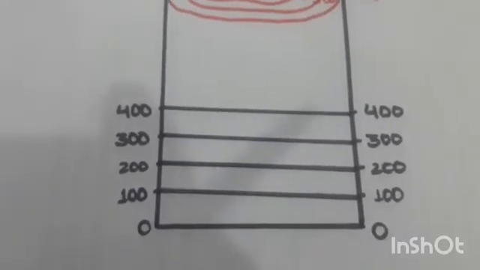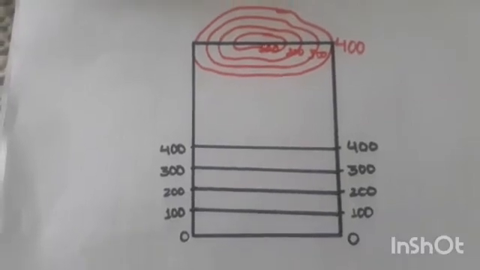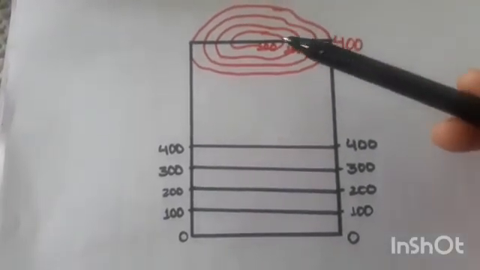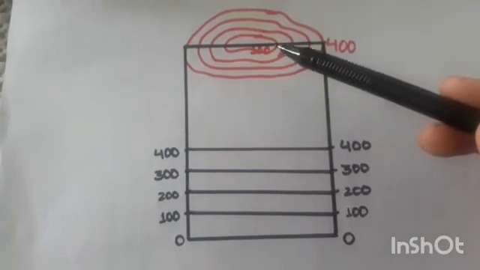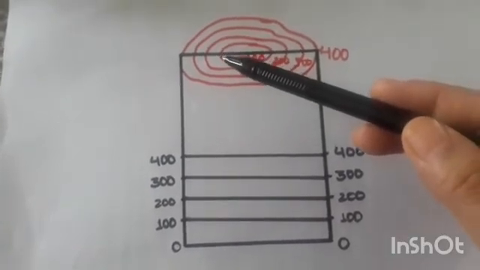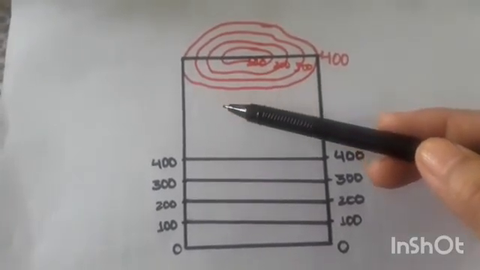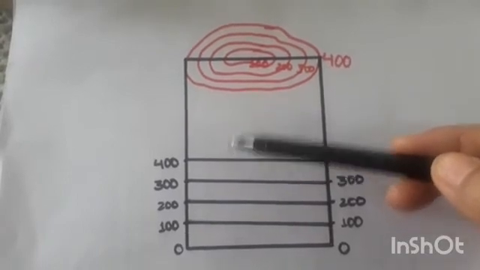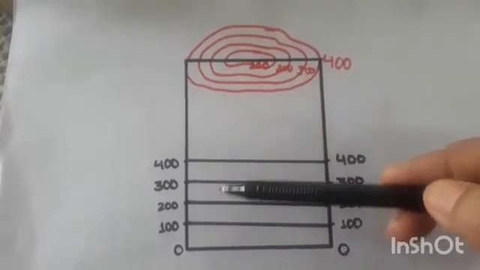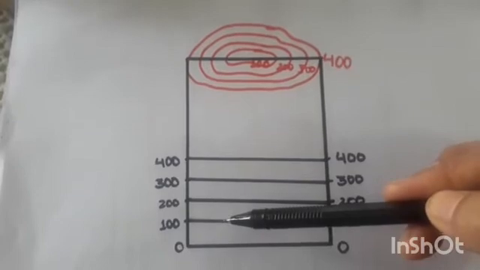Okay, this is your figure, children. Now what you're going to do is, are you seeing this 100 contour line? From this end you are going to make a vertical dash line till this 100 line.